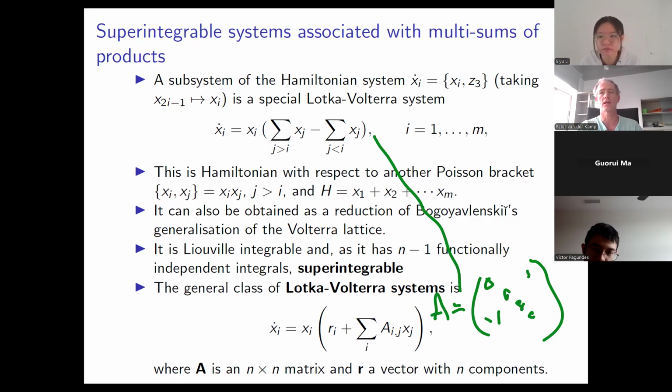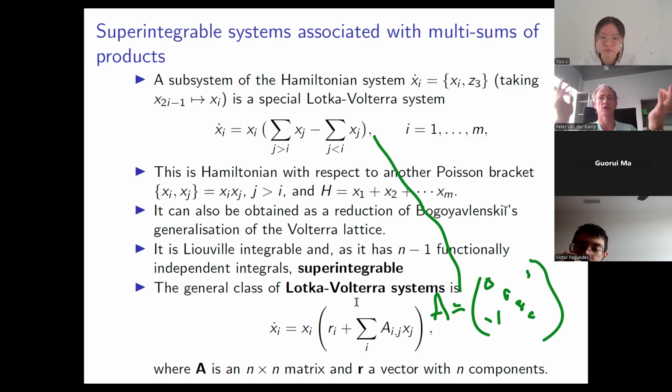And in general, you can take basically any matrix A. It doesn't even have to be antisymmetric. You can add non-homogeneous terms. I call this the non-homogeneous term, the R_i. So the general Lotka-Volterra system in n dimensions has n squared parameters in the matrix A plus another n parameters in the vector R. So that's a lot of parameters.